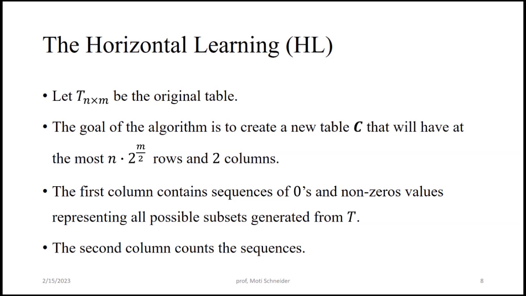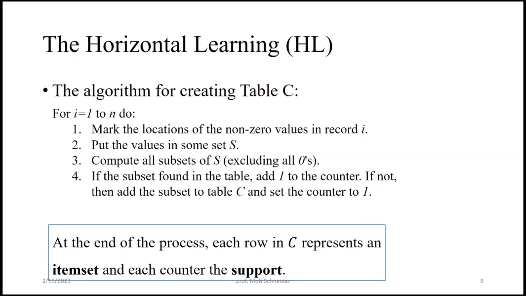So based on that, I create a new table, which in my opinion is going to be a good information table, and based on this table, I can find practically anything I want about the relationships in the original table. How is this done? The algorithm is very simple. Basically, you go through each row and independently, you do the following thing.